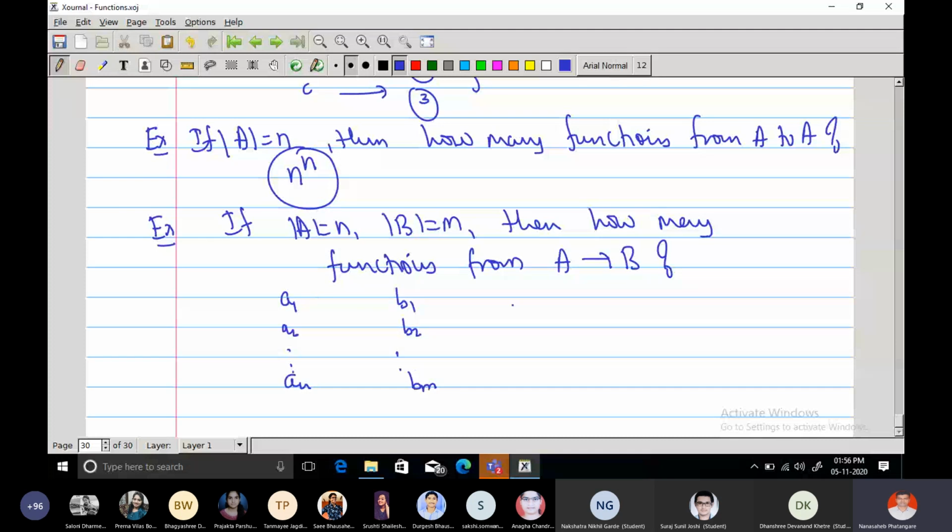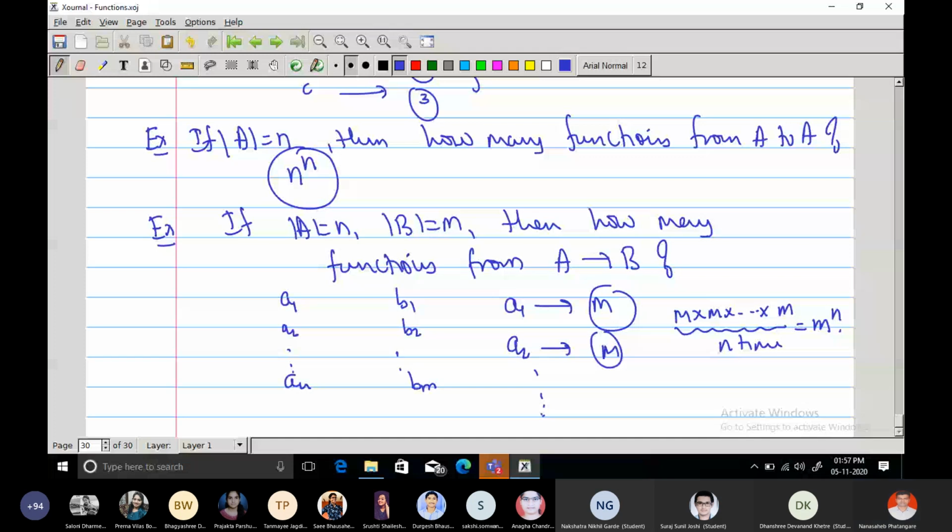How many choices for A1? M choices. How many choices for A2? M choices. And in this way, how many times will M choices come? M times M, n times. Right, therefore it is m raised to n. Correct?